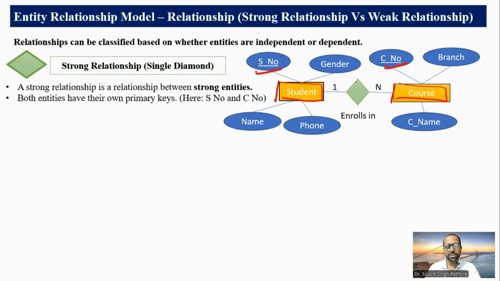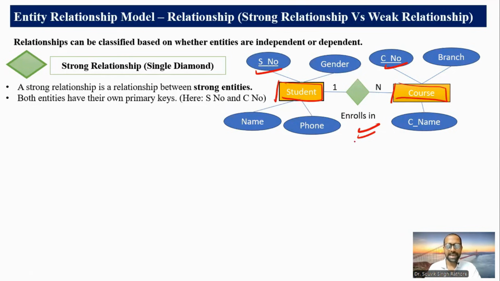This means that the student can exist independently of the course entity type, and the course entity type can also exist independently of the student entity type. The relationship between these two entity types is enrolls in.